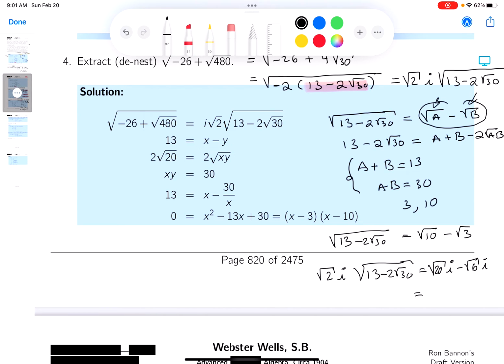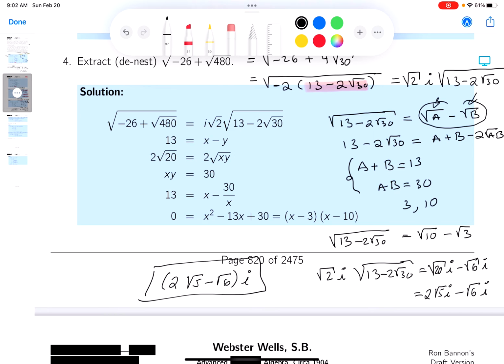Well, I think I could simplify that. And then I'll talk about what it looks like later. That would be 2 root 5i minus root 6i. And then I'm going to factor the i out. And what do you get? You're going to get i times 2 root 5 minus root 6. I'm going to commit to this as an answer.